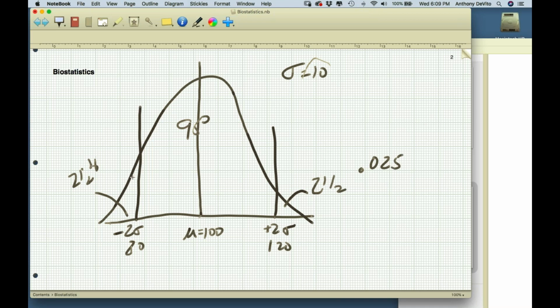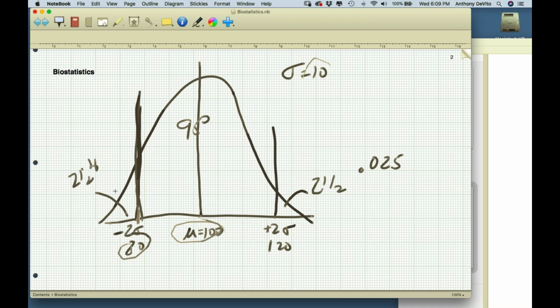Below and above. Well, let's actually do this now with the table instead of doing it with the empirical formula. If I did it with the table and I asked what percentage of the people in this population have a blood pressure below 80, what percentage would that be?